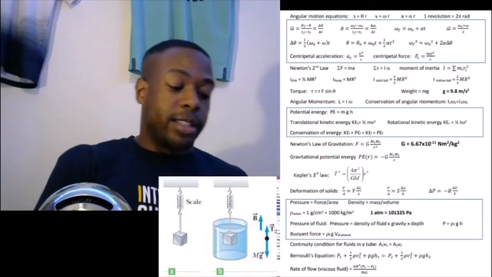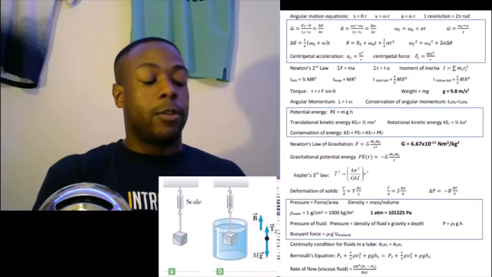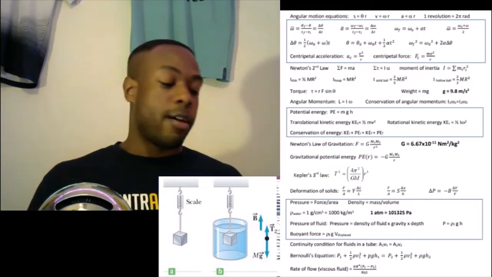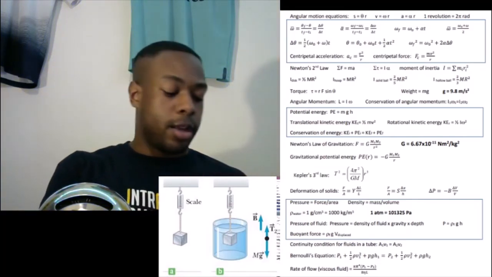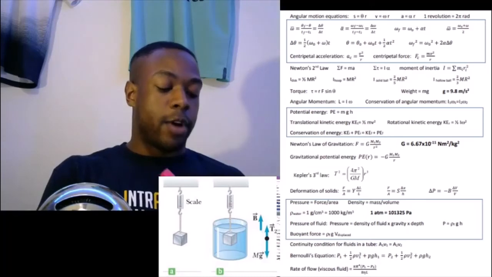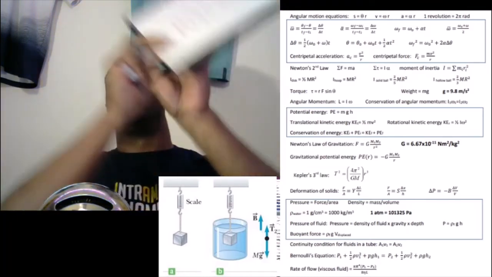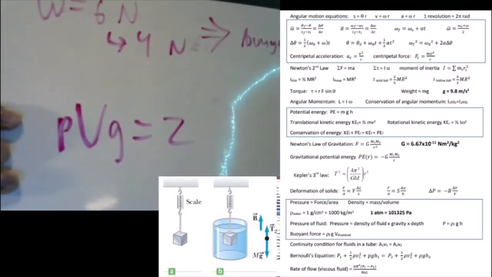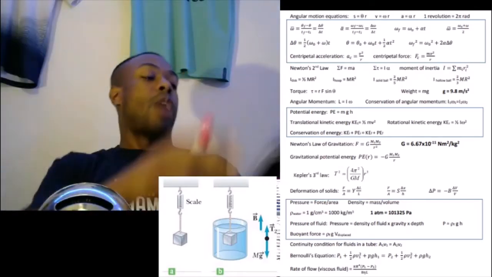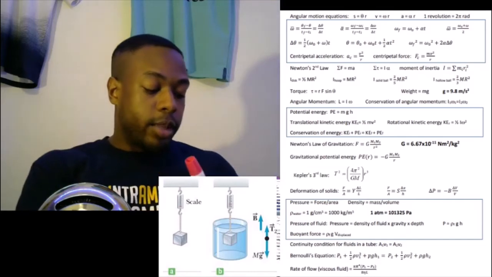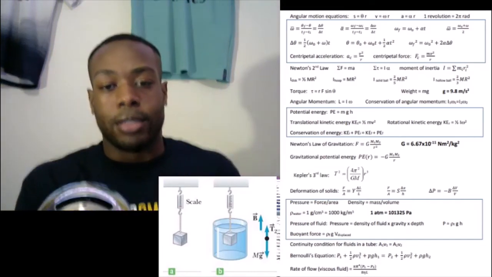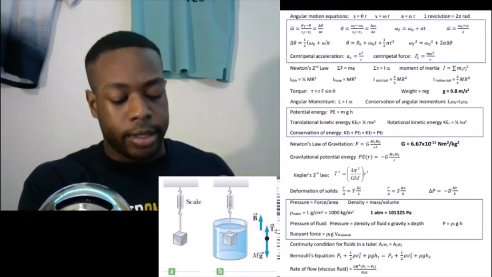If that's the case, you can look at your formula sheet and you know that buoyant force would be density times volume times gravity. So we know 2 should equal density of water times volume of water times gravity. We know the density of water is 1,000 kilograms per cubic meter.